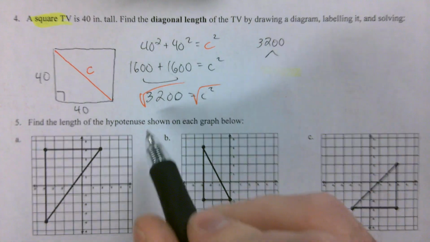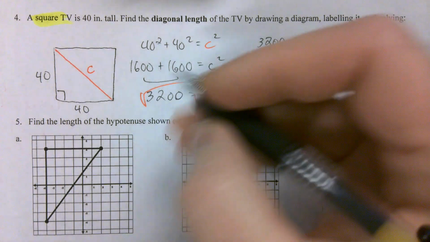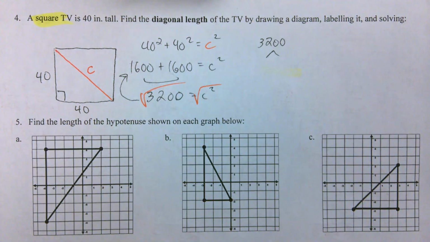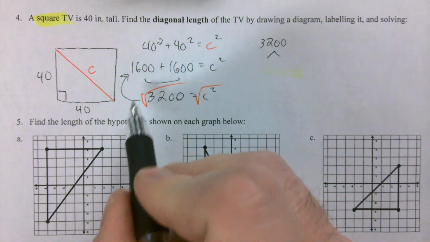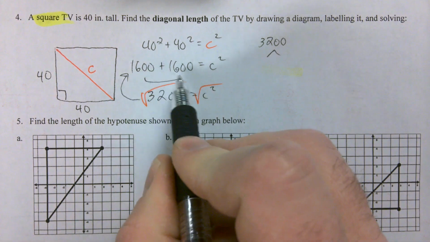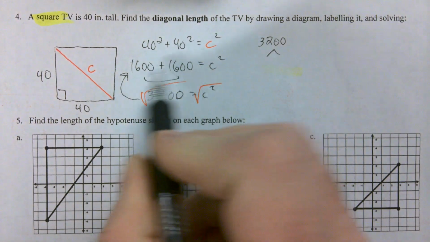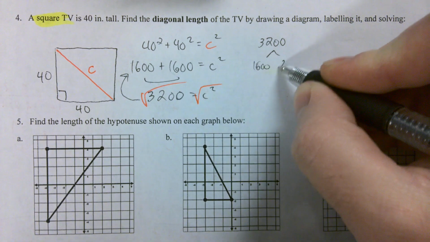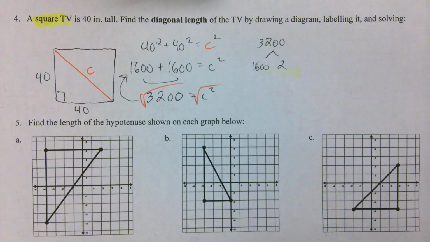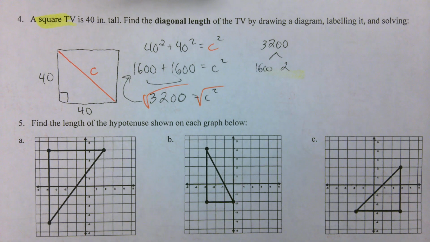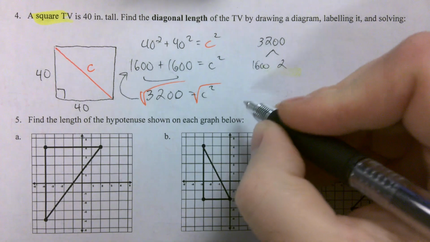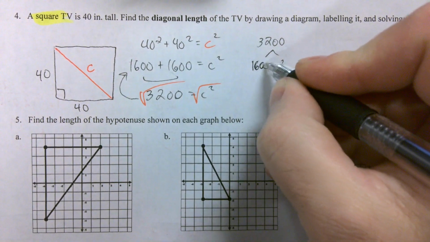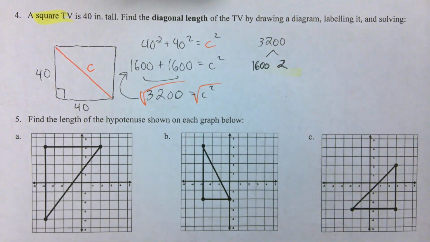All right? 3,200. If we look a step above, we see that 3,200 is just 2 1600s. So I'm going to say that's 1600 times 2. Yes, you could also do 32 times 100. But this is easier. 1600 times 2.